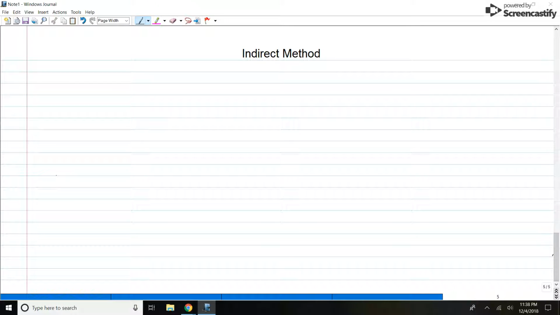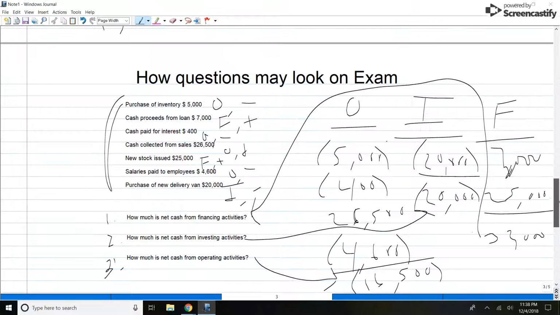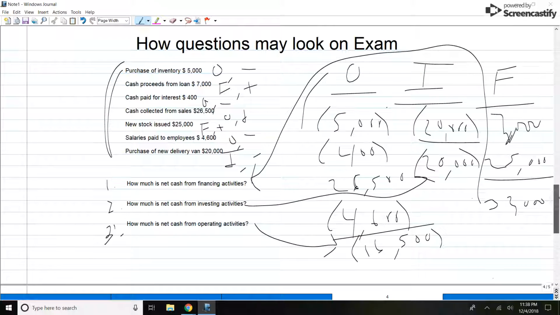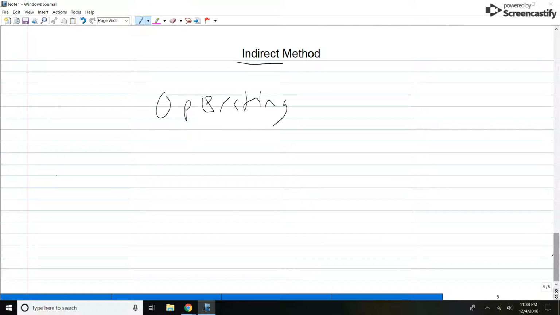Let's talk about the indirect versus the direct method really quickly. Keep in mind that the only difference is in the operating section. The direct method is what we've been doing all along, where you look at the cash flows and label them as operating. But in the indirect method, we start with net income and work our way to the cash flow from operating activities.